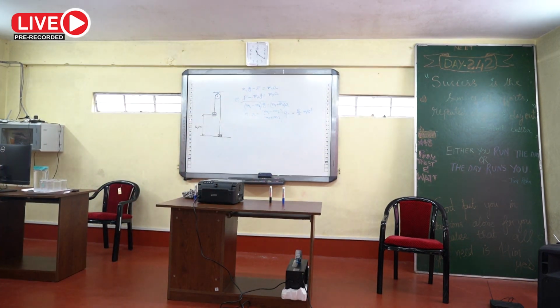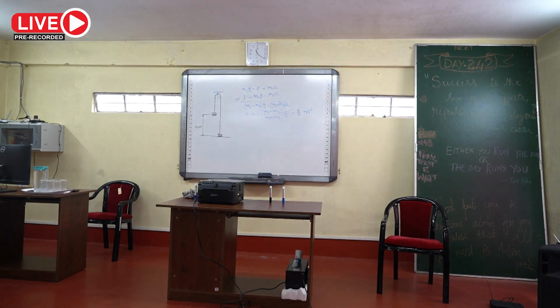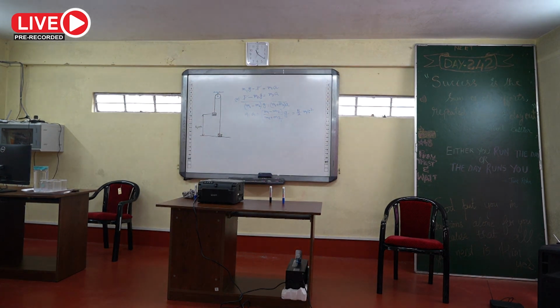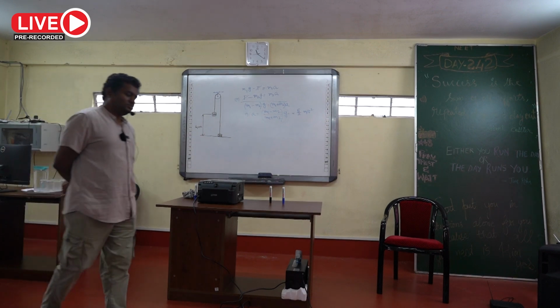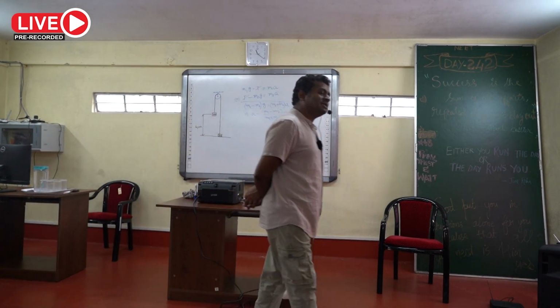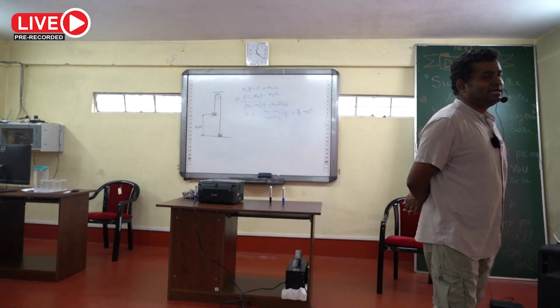I asked you to calculate the acceleration previously because that acceleration is required for the calculation. That's why I have given that. What will your common sense tell you, how much should it rise?